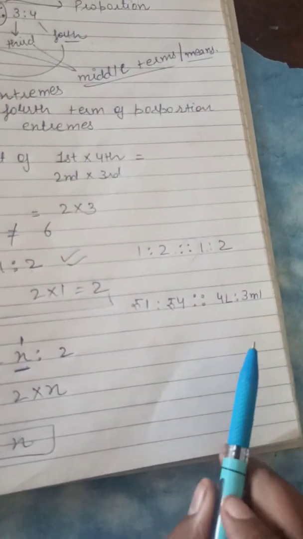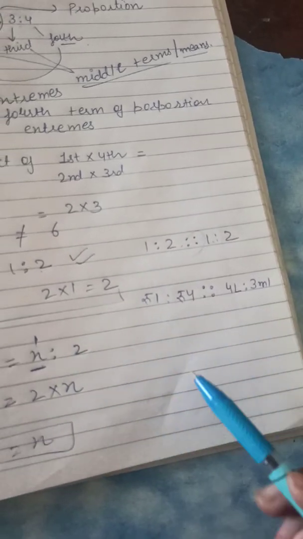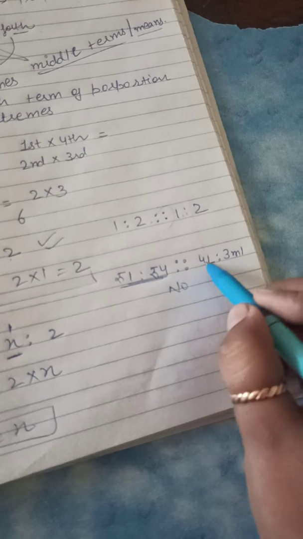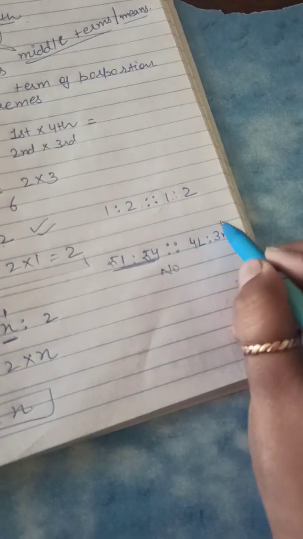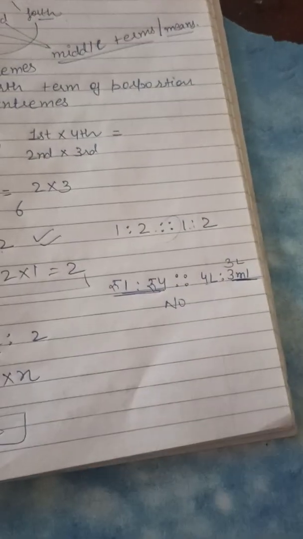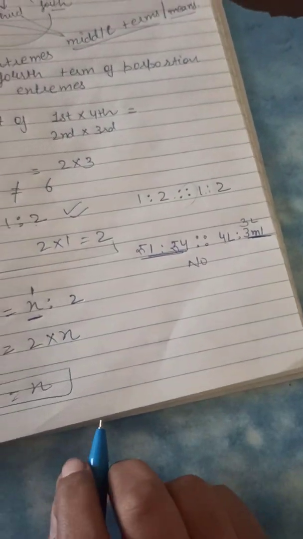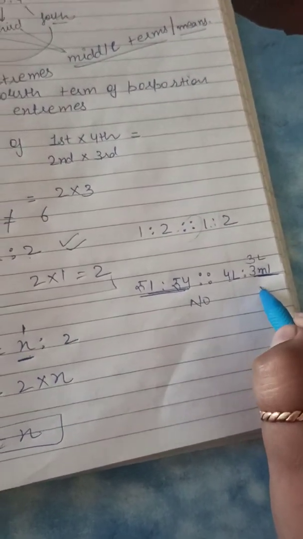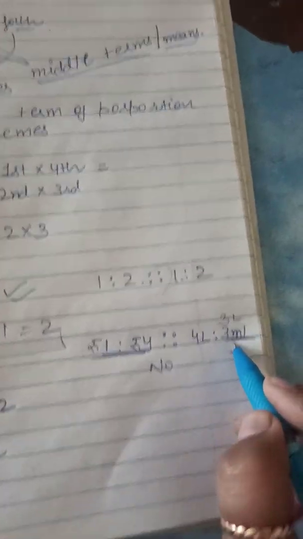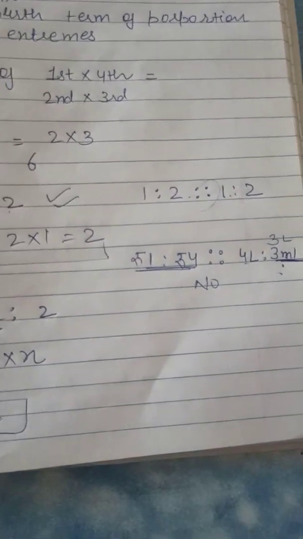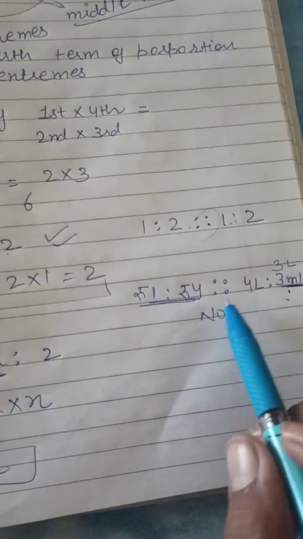So if I have to check whether this ratio is in proportion or not, this side rupees is clear. But here if 3 liter came, then we could say this is in proportion, but here it is given in milliliter, so it is not in proportion. If you have to come to proportionality, then this milliliter can be changed into liter, and then you can prove it as a proportion.